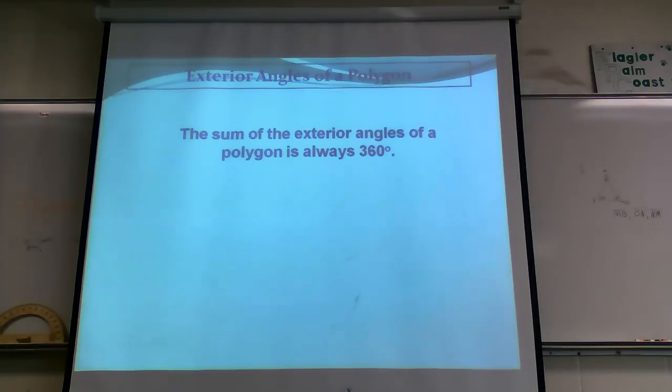It's been a little while. Is this one for convex too? This is all convex. Everything here is convex. The exterior angles are the ones that are labeled up there, the ones that are referenced as adding up to 360.